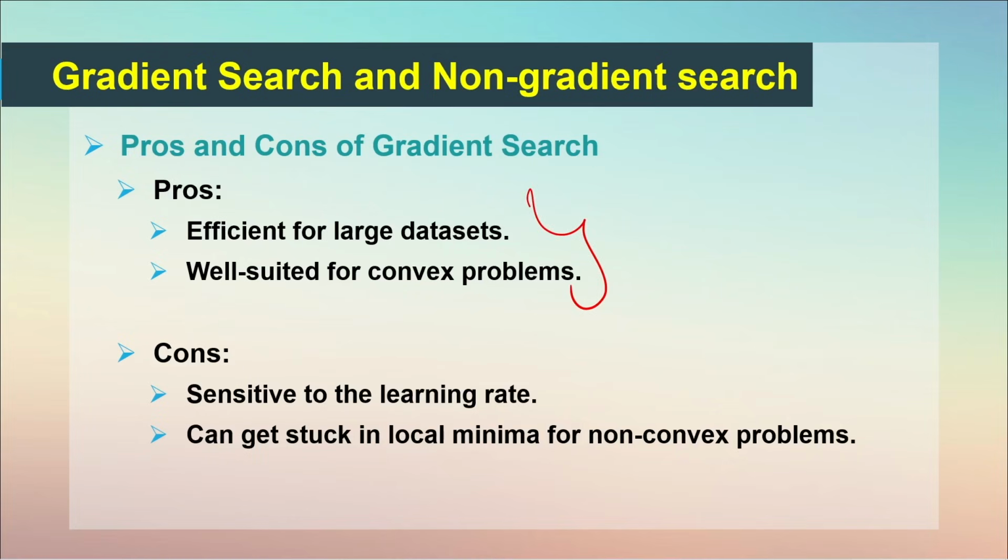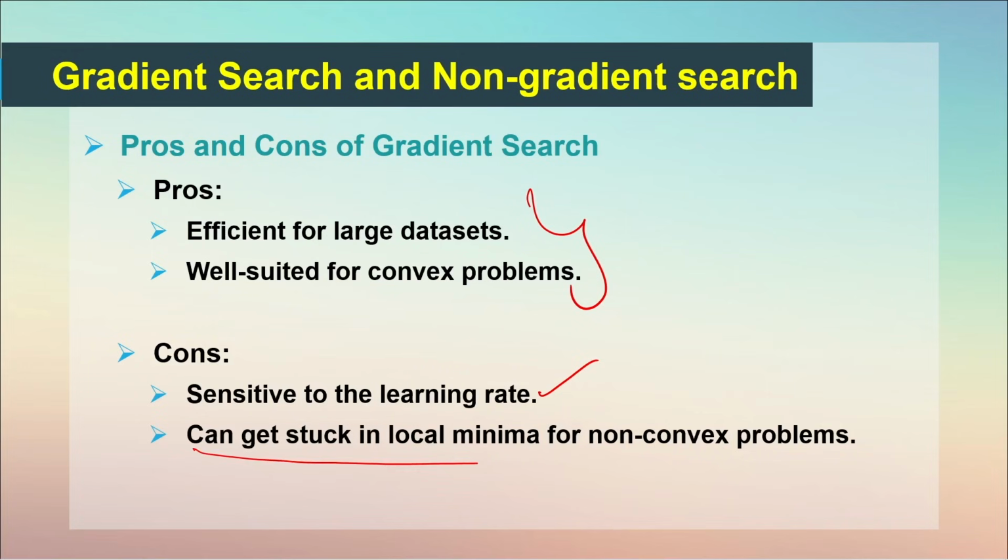On the other hand, gradient search is very sensitive to noise. Particularly it is very sensitive to the learning rate. If you keep on increasing the learning rate, the learning will become very poor. If you keep on decreasing the learning rate, the learning will get stuck. So you should achieve a desirable balance between the maximum and minimum learning rate, a balance between generalization and memorization, that we have already discussed.